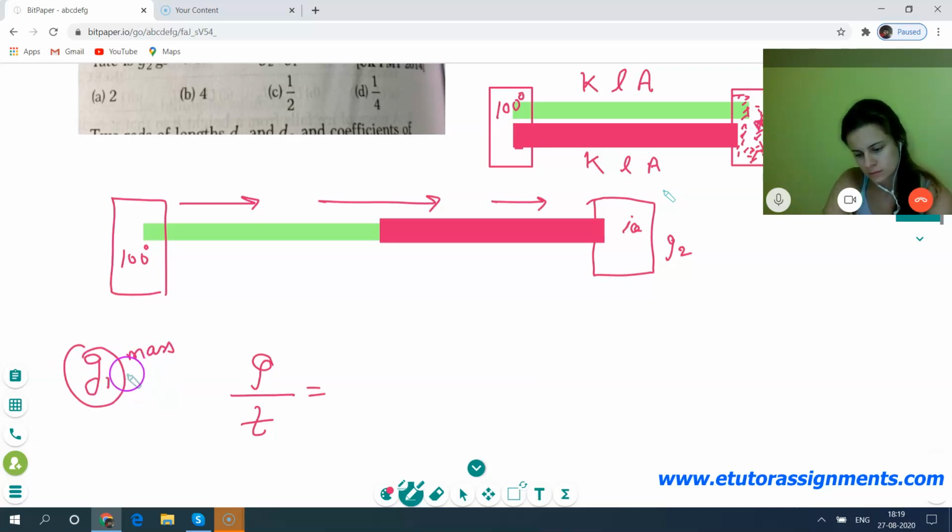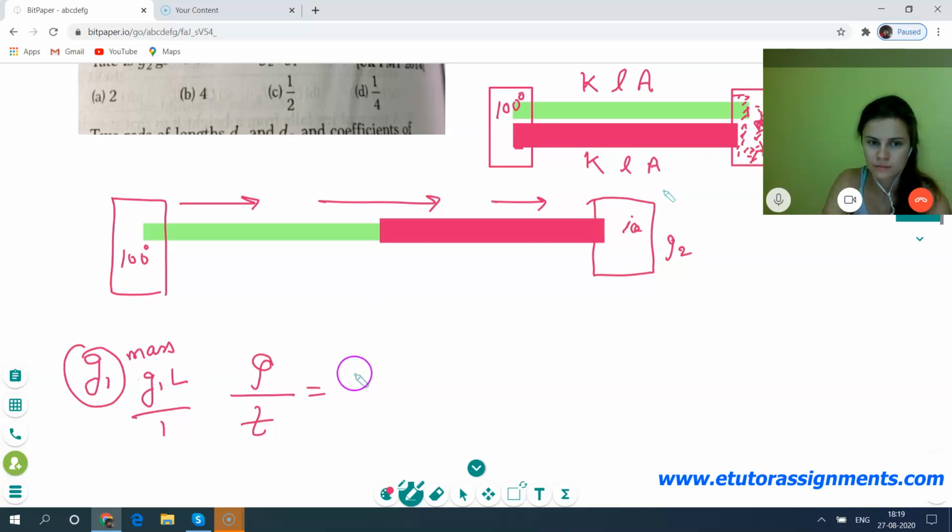How much heat is required for this melting? M is the mass, but here G1 mass is taken. So G1 times L, G1 times L by 1 second. Am I right or not? Is it clear or not?